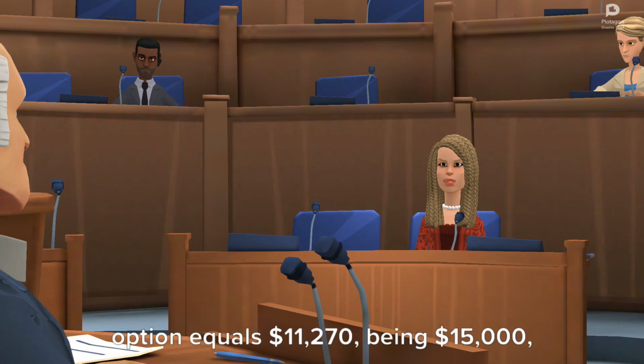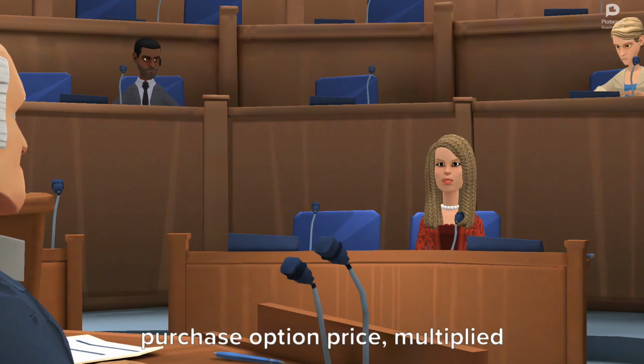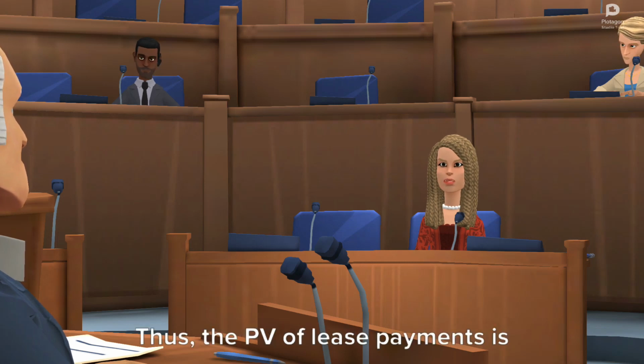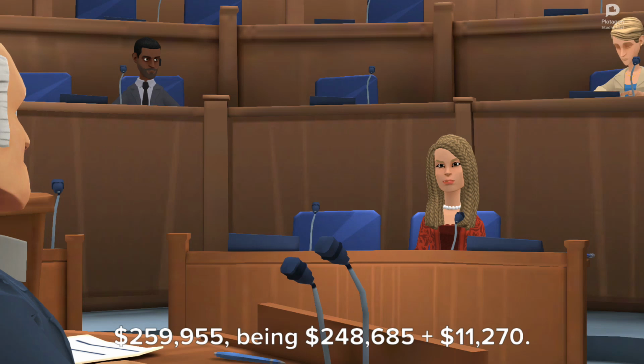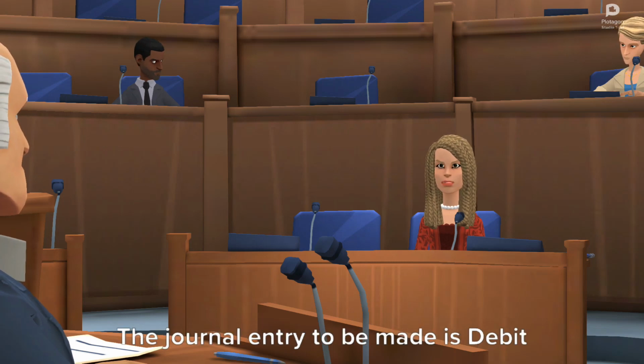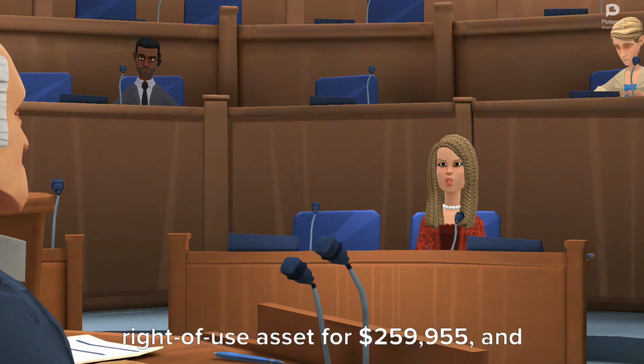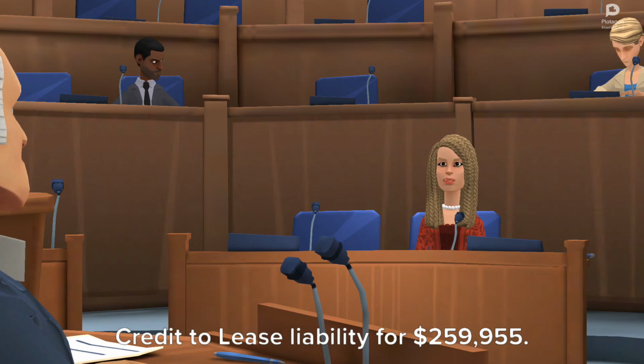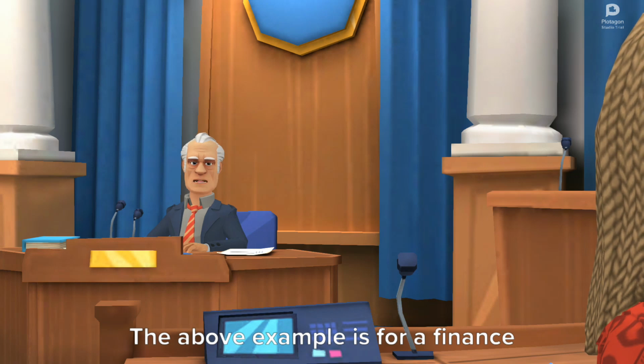Thus, the PV of lease payments is $259,955, being $248,685 plus $11,270. The journal entry to be made is debit right-of-use asset for $259,955 and credit lease liability for $259,955.